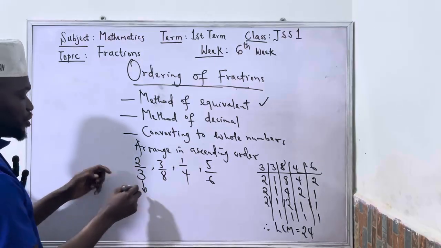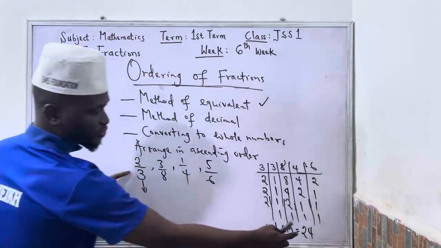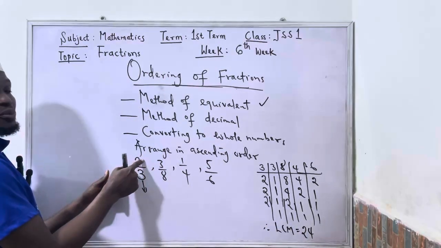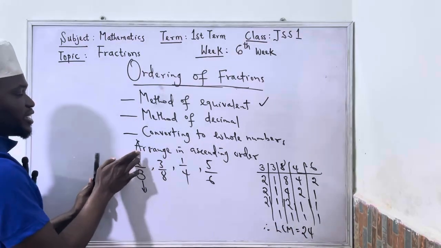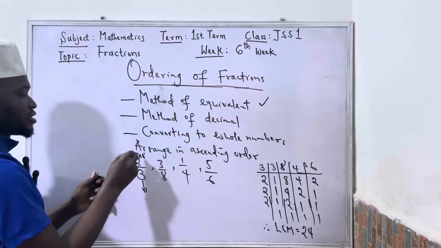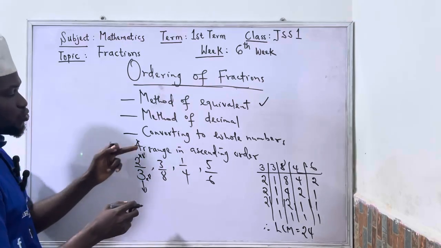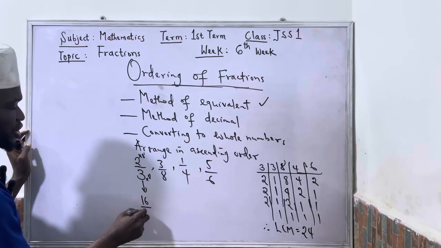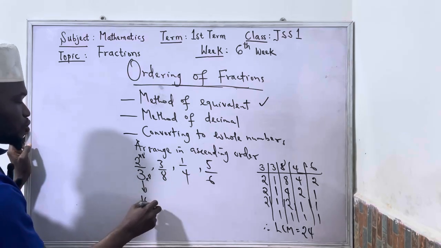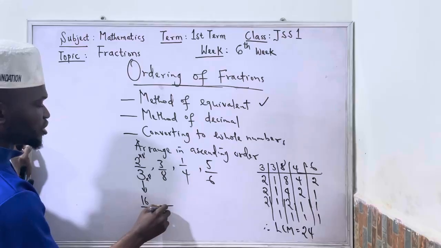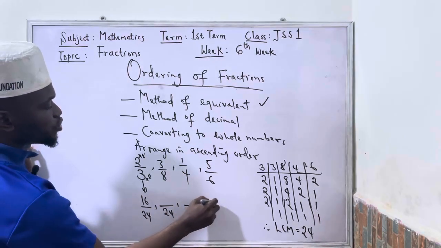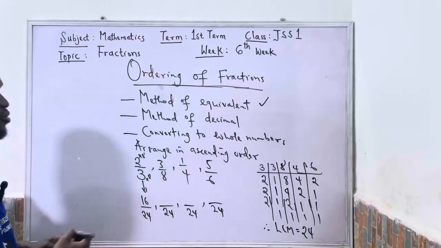So 2 times 8 will give me 16 over 3 times 8, which gives me 24. Of course, all the denominators will be 24. The last one too will be 24. All of them will be 24.